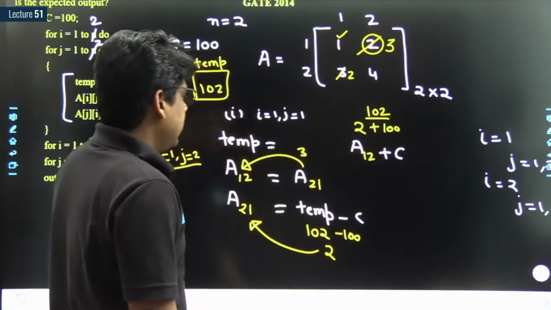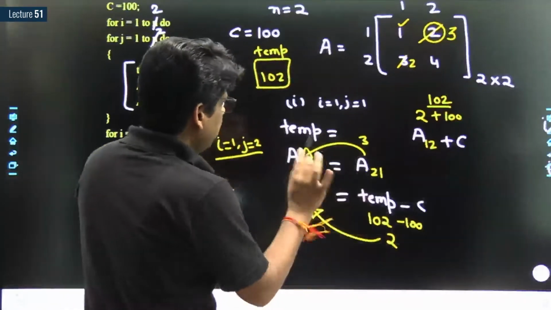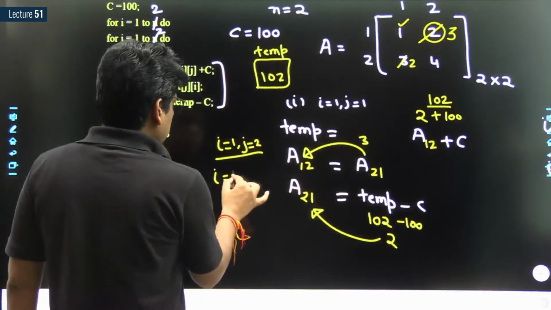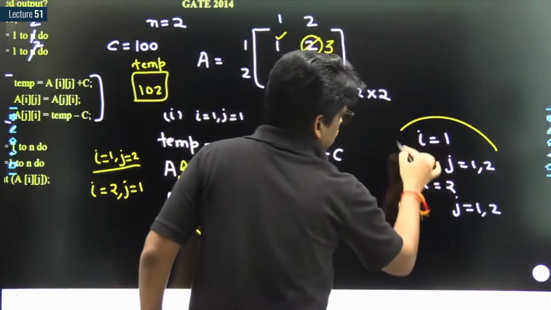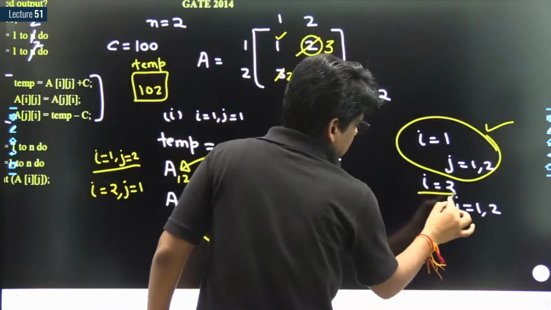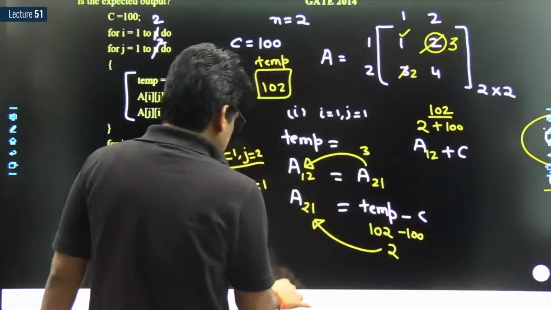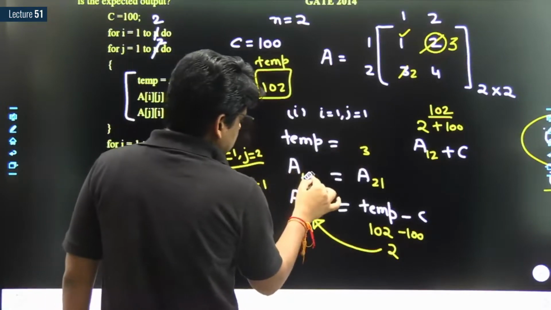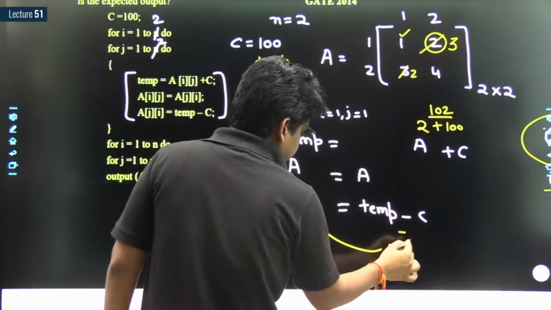Okay. But now, sir, the code will run for I is equal to 2 and j is equal to 1. See, this already executed. So let me execute the code once again for these values.